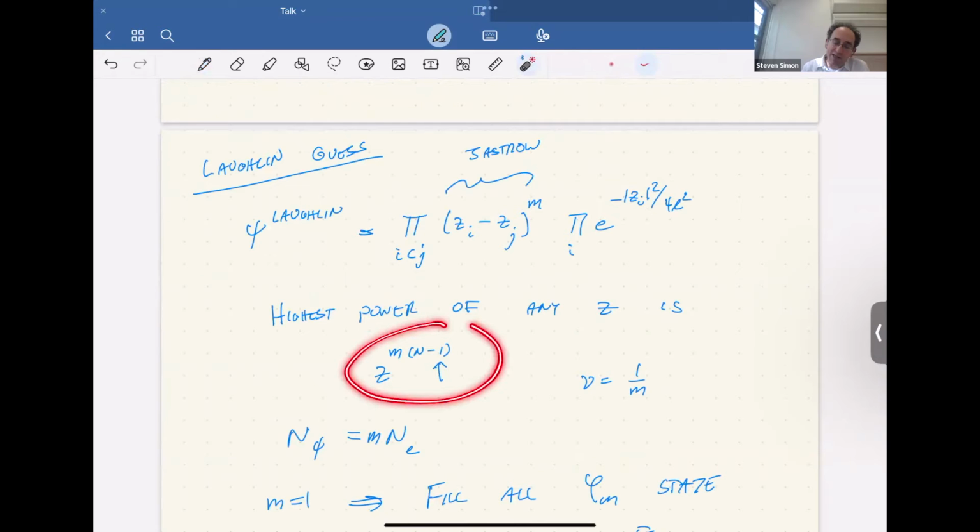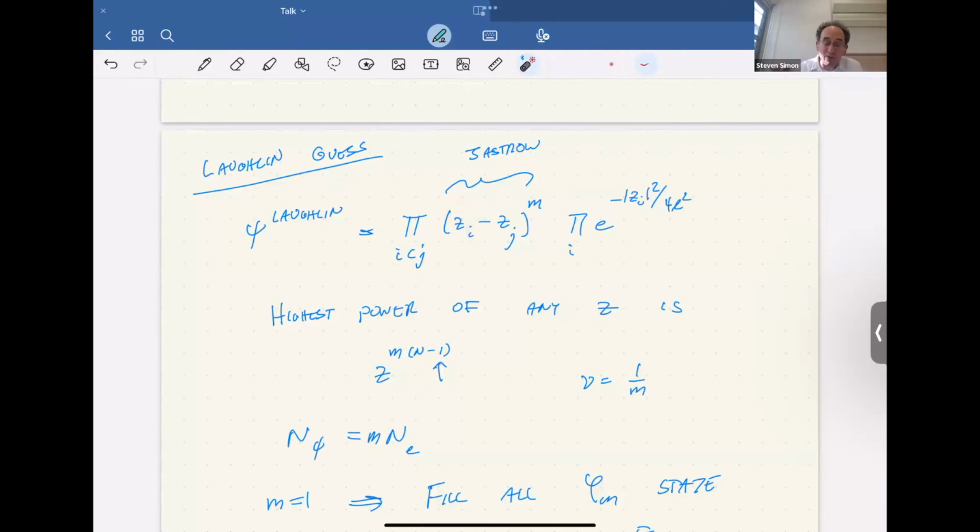Because you know what the angular momentum is, for each electron, if I think about freezing the position of all of the electrons but one, and then I move around one of the electrons, say Z1, then I have a polynomial of some fixed degree, whatever this degree is, and that polynomial of some high degree has some number of zeros, and a zero of the wave function is a place where the electrons can't go.